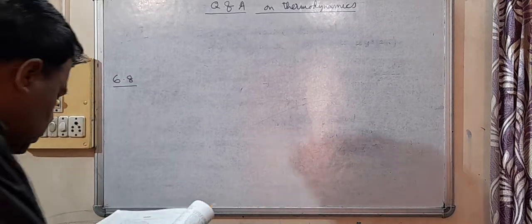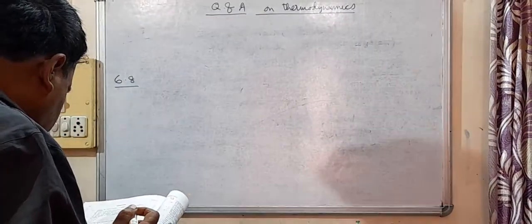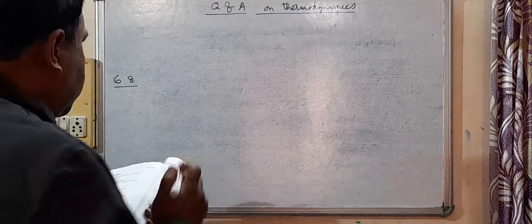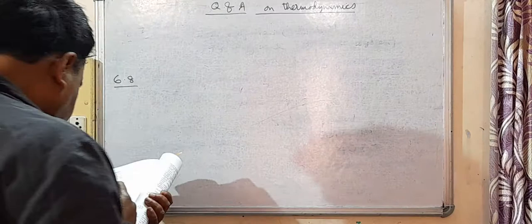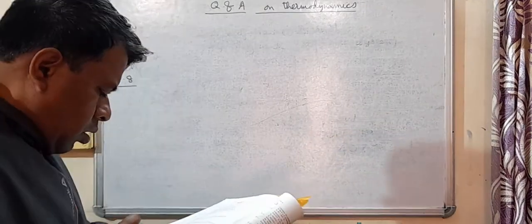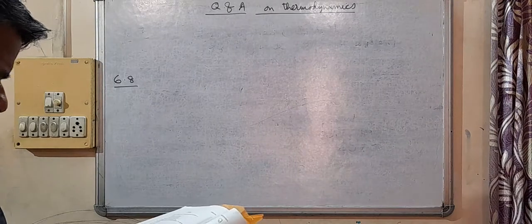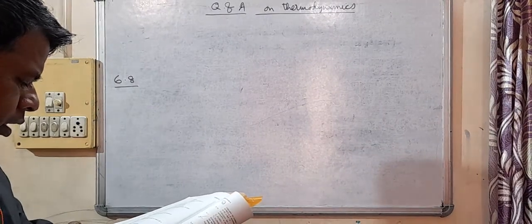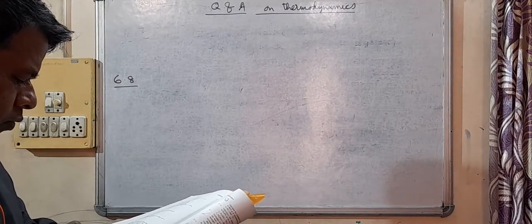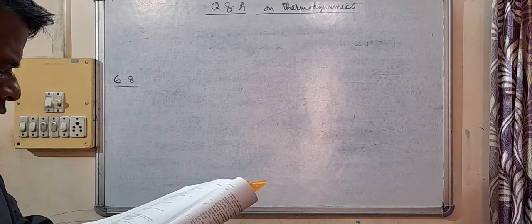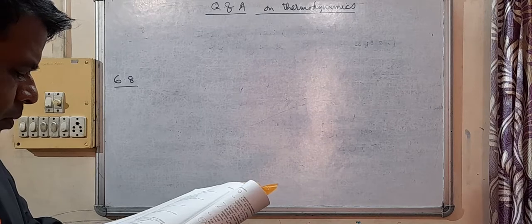Okay, this question says that the reaction of cyanamide with dioxygen was carried out in a bomb calorimeter and delta U was found to be minus 742.7 kilojoules per mole.